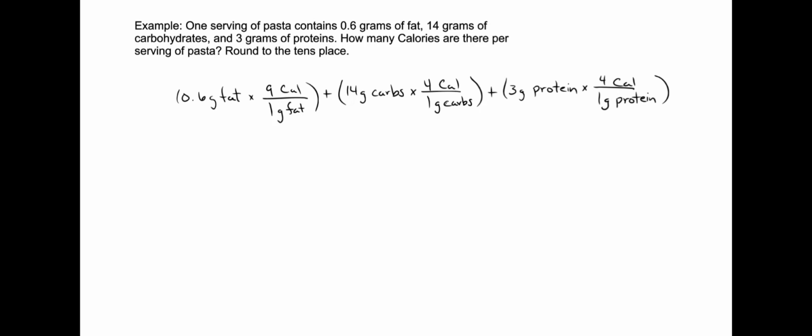So if we look here, first of all, we've got 9 times 0.6. This would be 5.4 calories. Plus, here we have 14 times 4, which is going to be by far the biggest chunk. That is going to be 56 calories.